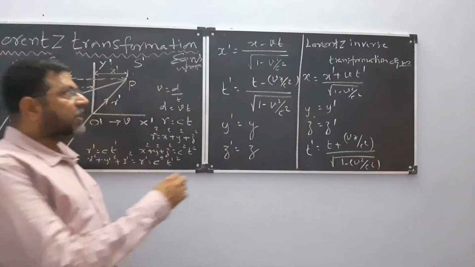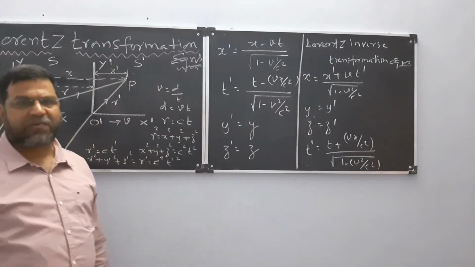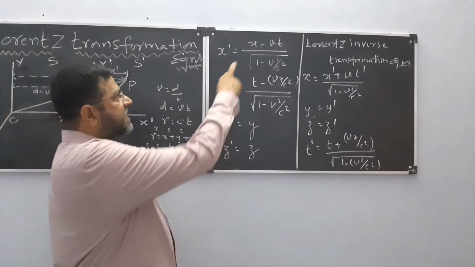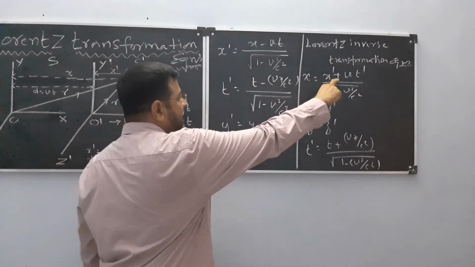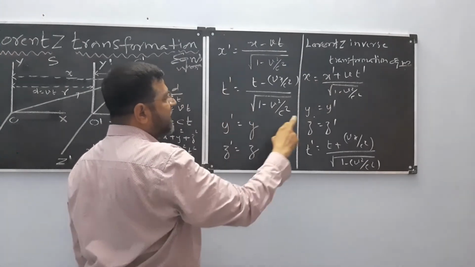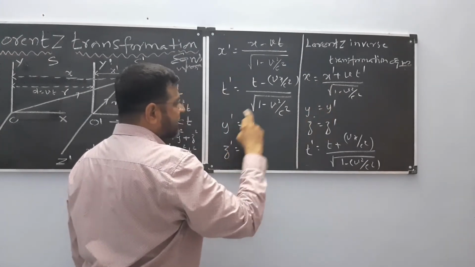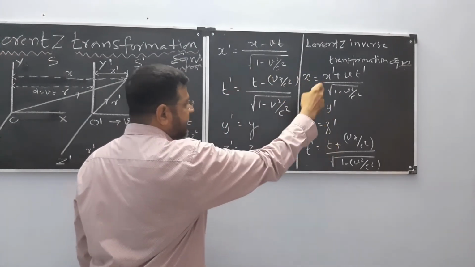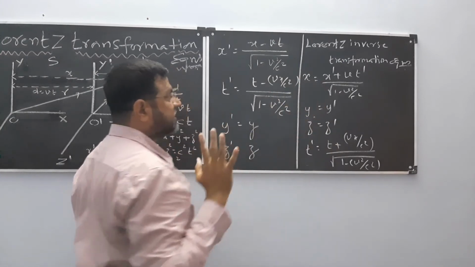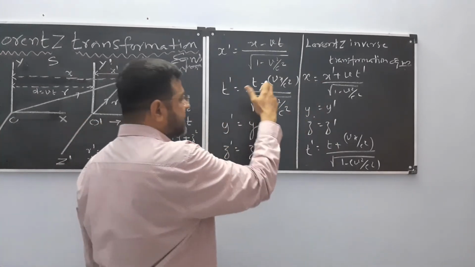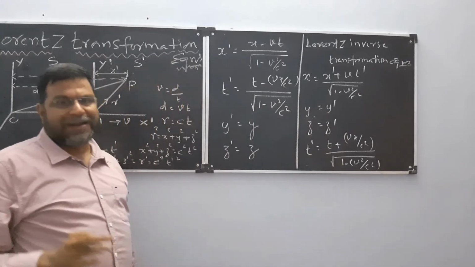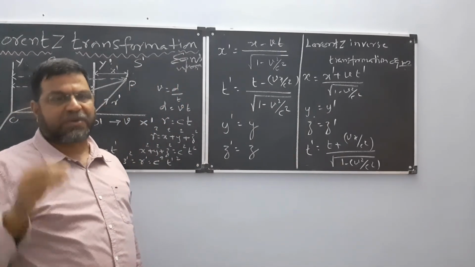That's all. So what you have derived are the Lorentz transformation equations. Just change the sign: in place of a negative sign you get a positive sign, in place of y you get y dash, z you get z dash, x you get x dash, t you get t dash. So a negative sign becomes positive. These are known as the Lorentz inverse transformation equations.